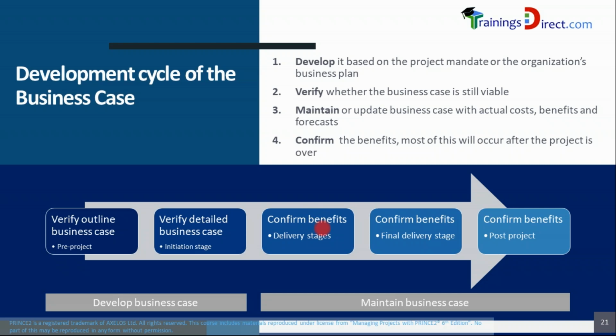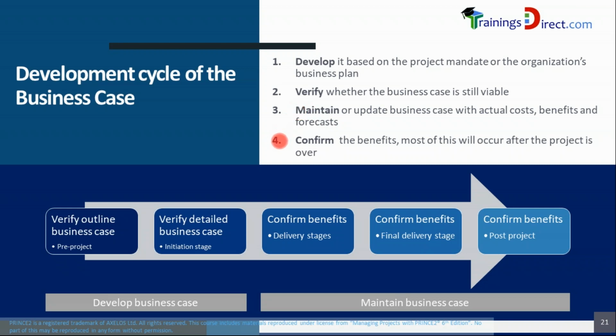So at the end of every delivery management stage, the project manager will update the business case with the performance of the business case, meaning the cost, the money spent, the benefits which have accrued, and the time spent, etc., against that business case, which was approved earlier.